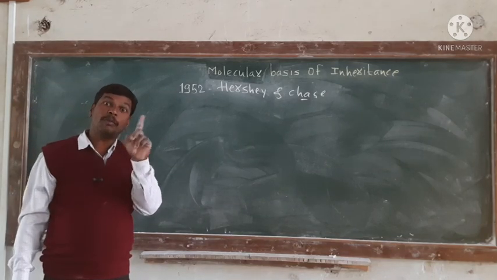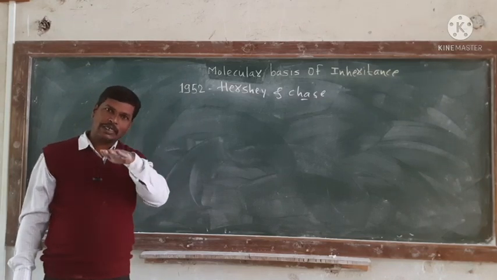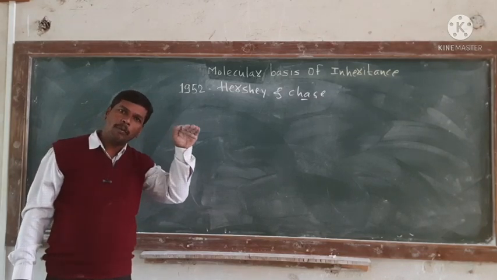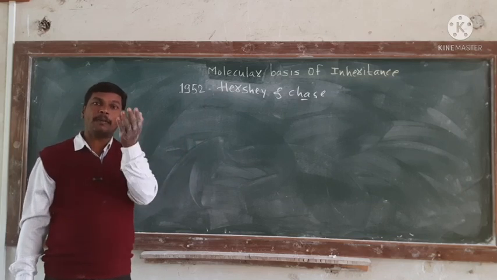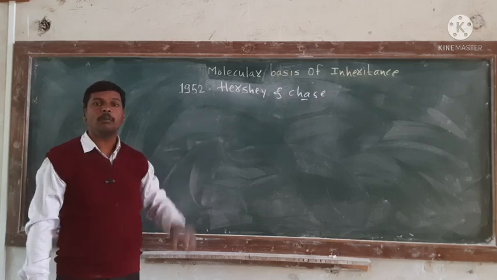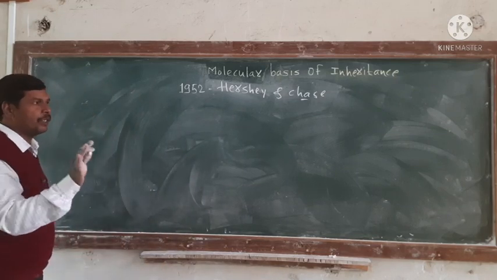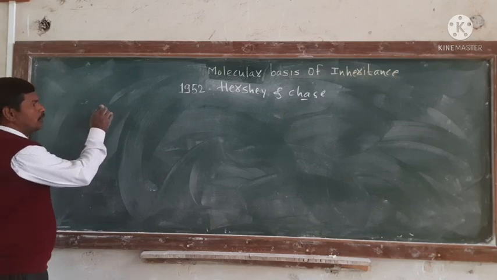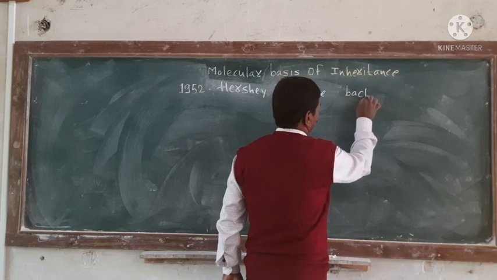For the first time they used bacteriophages, that is viruses, for the experiment. In the first and second experiments, it was with the help of bacteria. In the third experiment, it is again with bacteria, plus for the first time they used bacteriophages. Now there are specific stages. First they use bacteriophages.